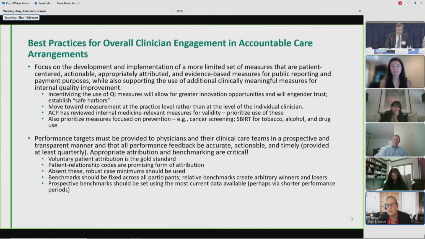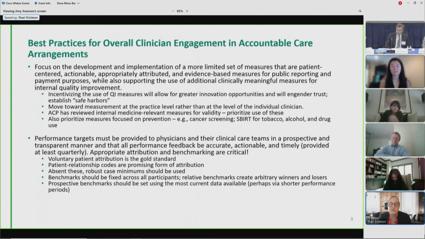The other thing that we've recommended strongly is that performance targets need to be provided to clinicians and clinical care teams in a prospective and transparent manner, and that this feedback be accurate, actionable, and timely. Appropriate attribution and benchmarking are critical. Again, this came up earlier in the conversation. Voluntary patient attribution is really a gold standard.